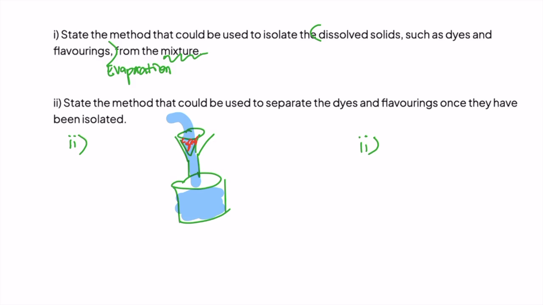For recrystallization, because you're trying to separate a solid from its impurities, first you can use recrystallization. Then, as we've seen from paper chromatography, your stationary phase will be the paper and the dyes will be in the mobile phase. So you can separate that onto your chromatography paper.